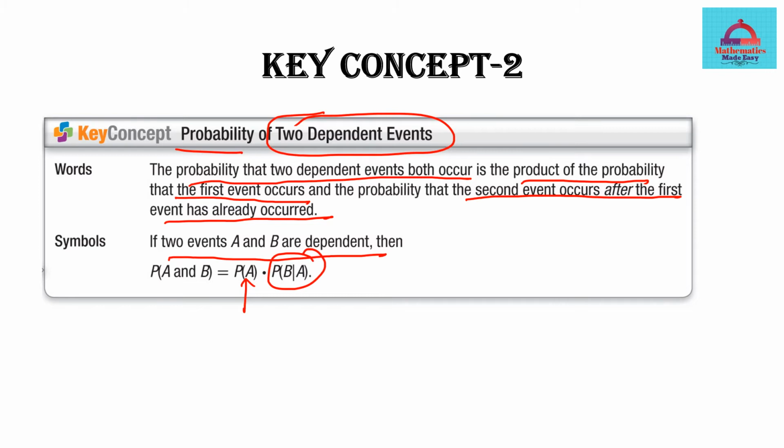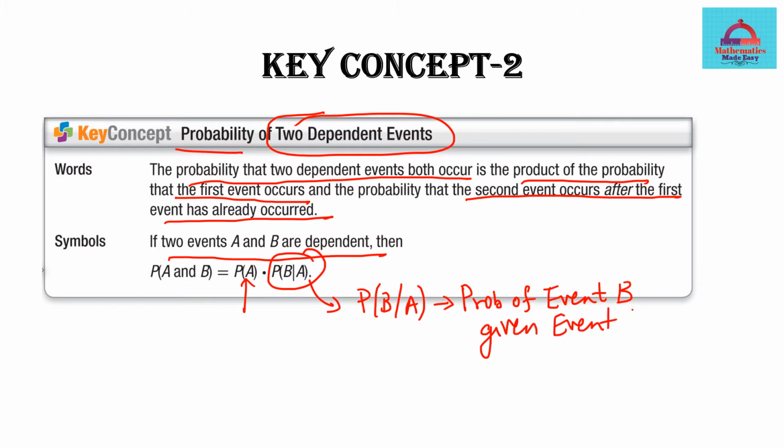So that is the major difference for dependent events and calculating their probability. I hope you can recall from the previous class that this probability, I will write it down again so that you can remember, is the probability of event B given event A already occurred. And if you remember from my previous class, I had given a specific name for this probability, and that name is conditional probability.